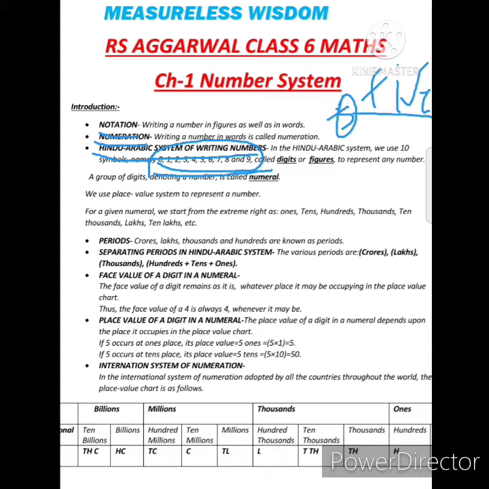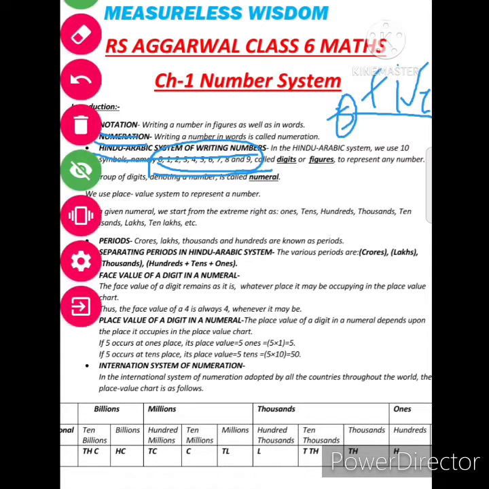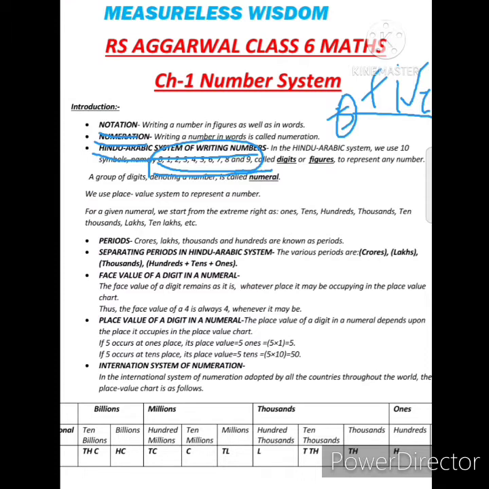So we go to the next point. A group of digits denoting a number is called a numeral. When we write a group of digits like 519, it is a group of digits, because there are three digits, but it forms a new number.